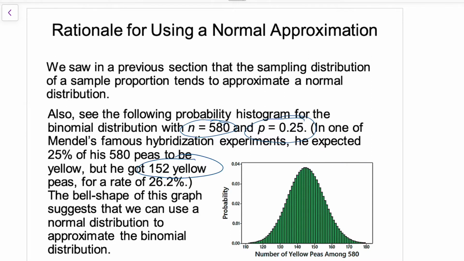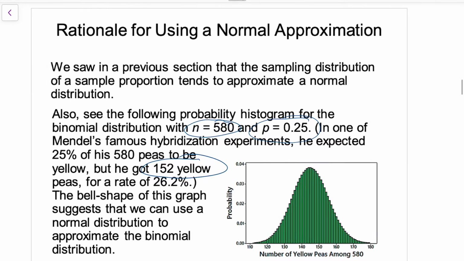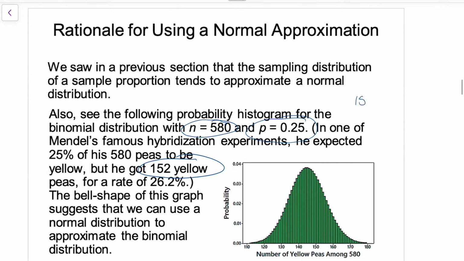As we've seen with the binomial distribution, if we wanted to compute the probability of getting at least as many yellow peas, we would have to add all of those cases together, which would be adding all the numbers from 152 to 580, which is a lot of trials. So how can we get around this?